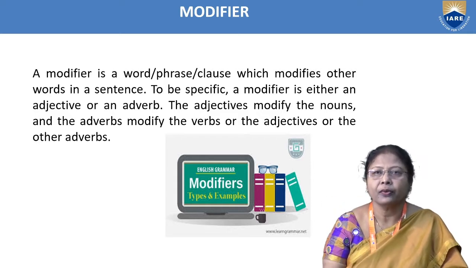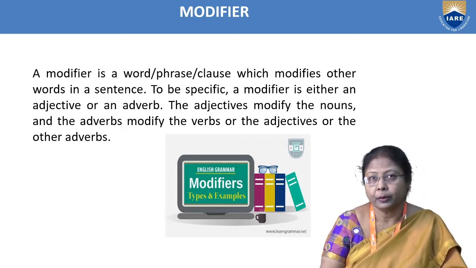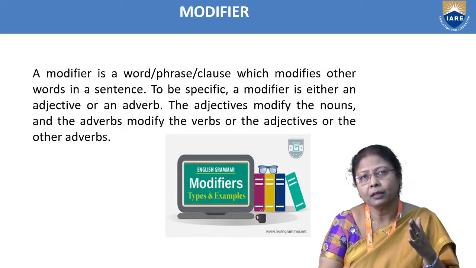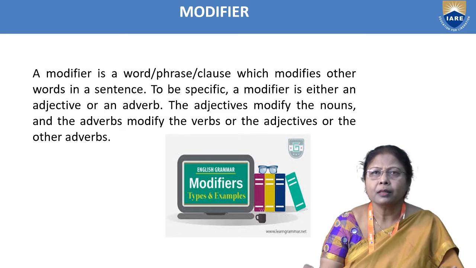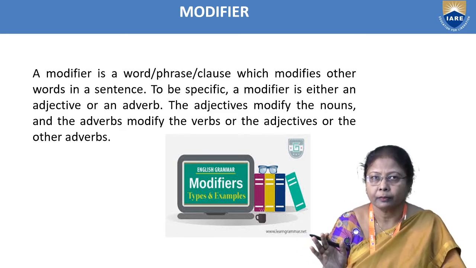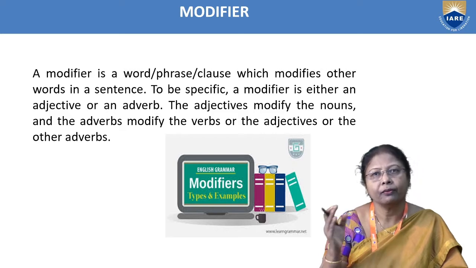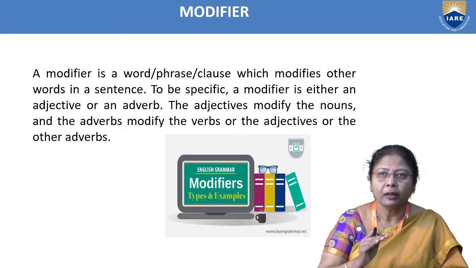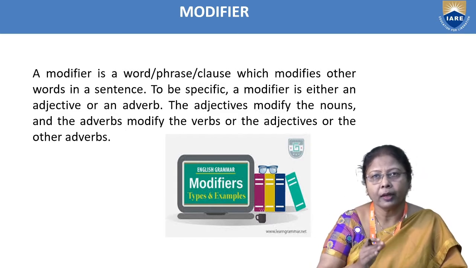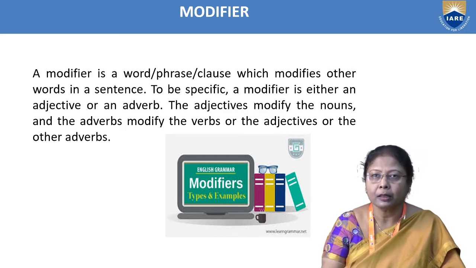To be specific, a modifier acts either as an adjective or an adverb. Usually, adjectives modify nouns. Then adverbs always modify verbs. Did you understand? So, adjectives modify nouns and adverbs modify verbs. In this way, these modifiers work in English grammar.